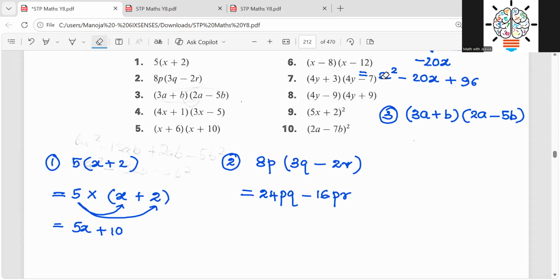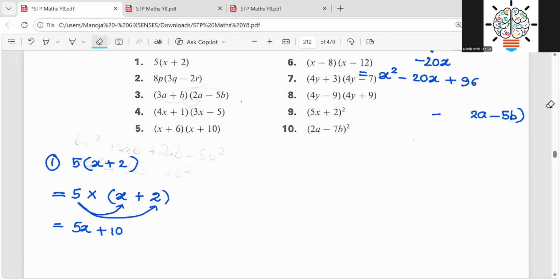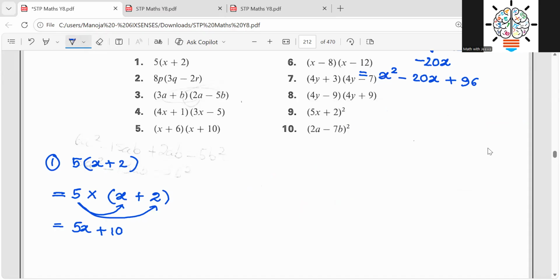If you find it is difficult to do these in mind without having the arrows, you can write them in your working column and do it, right? That's totally fine, right? So then you are not going to get lesser marks when you are doing that. Only thing is that it takes your time, but it is worth to do them in the working column rather than getting a wrong answer.